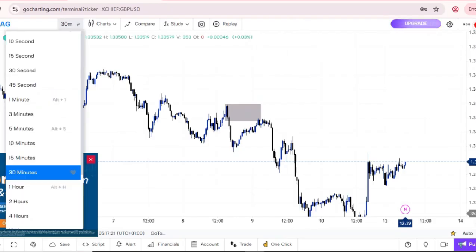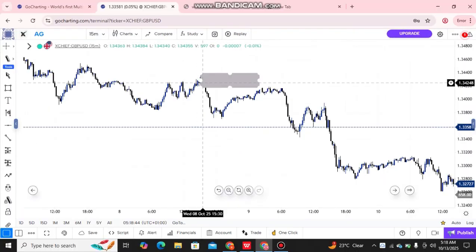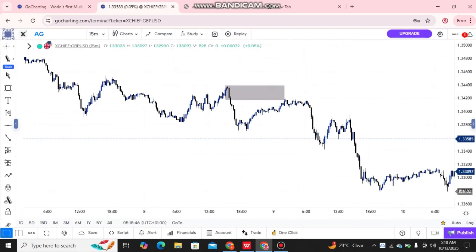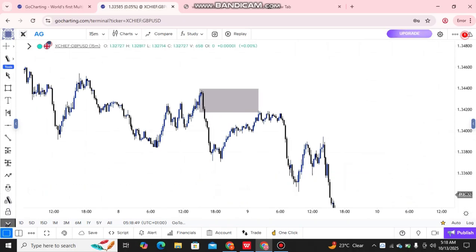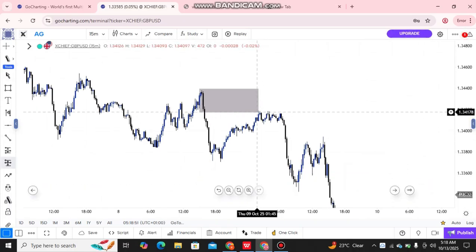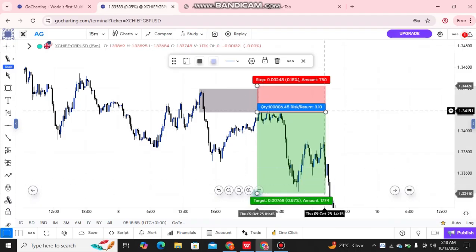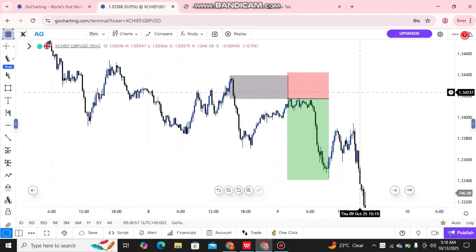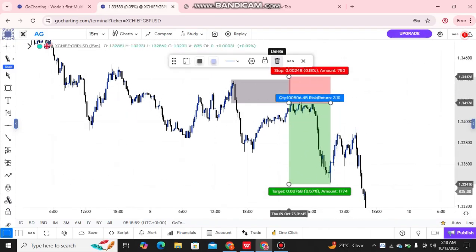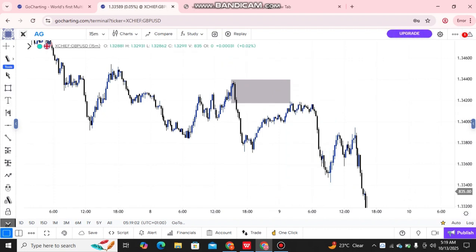If you go to your lower time frame, maybe let's go to like the 15 minutes. So you can see this mitigation already happened here. Let me just show you. You can see the mitigation already happened and then price sold all the way down. Now in this particular setup, there wasn't any confirmation, right?